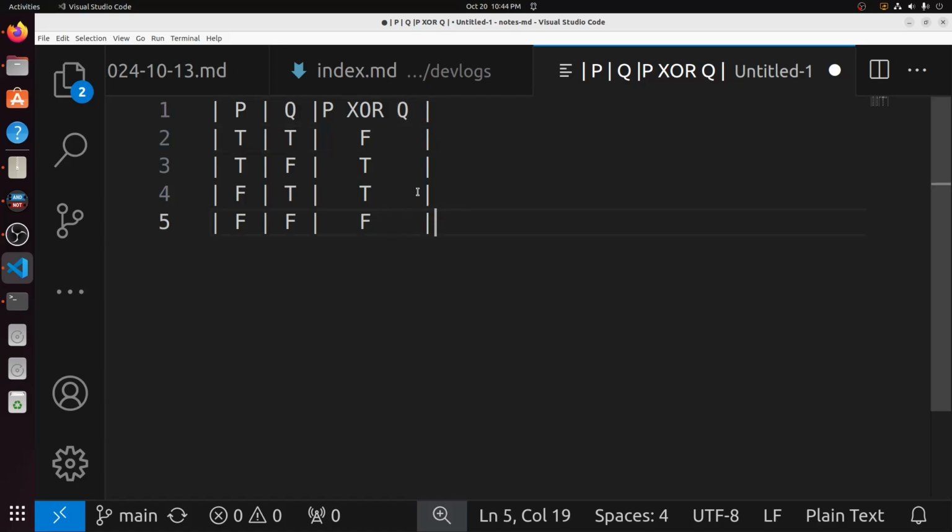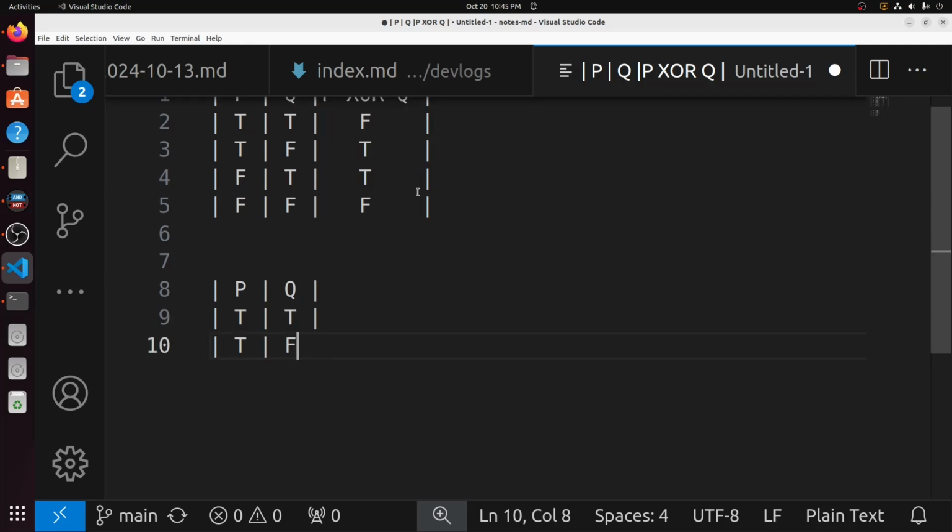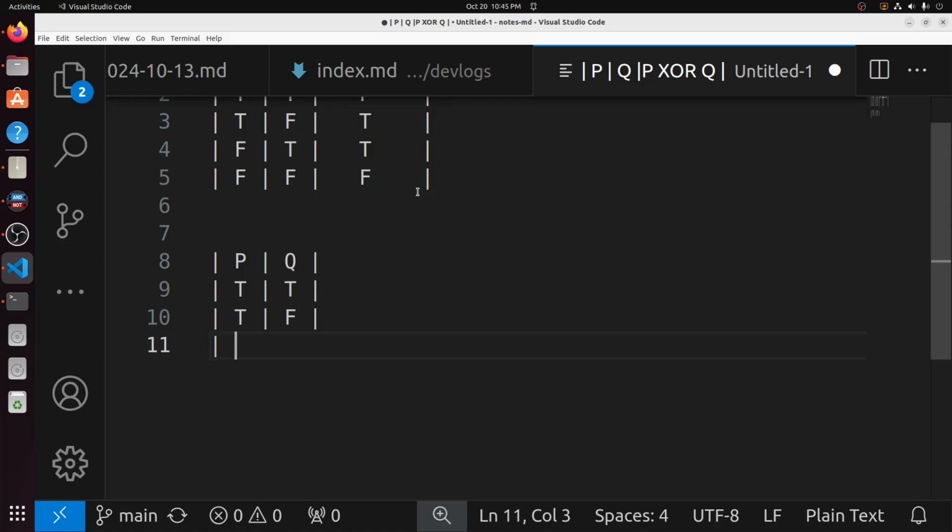What we're going to be making is a half adder, which means we're doing basic math of a single bit. So let's assume that we have a P and we are adding a Q. Similar to the other instance, we have true or true, true or false, false or true, or false or false.